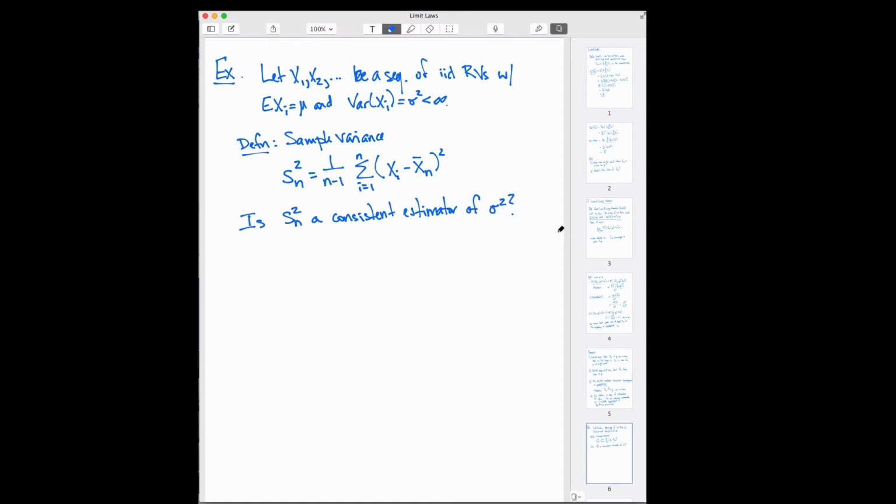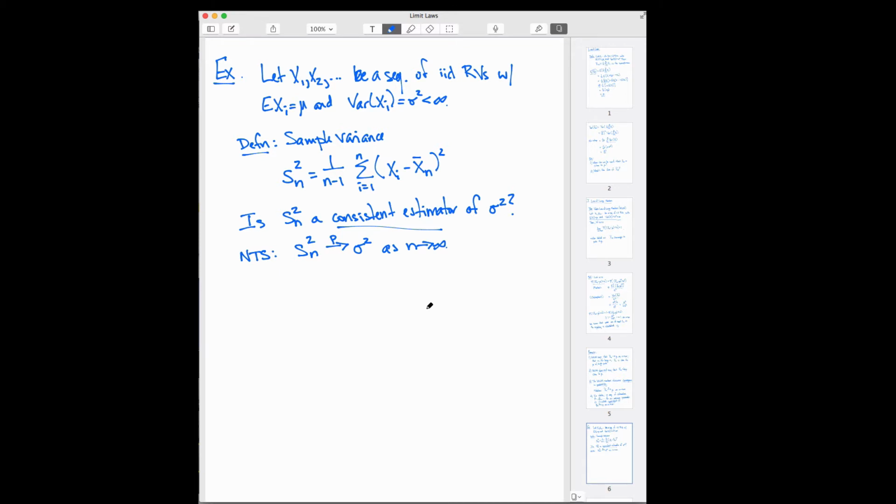And so we know that if this thing is a consistent estimator, then what we're going to need to show is that the sample variance converges in probability to the population variance. So that is, we need to show that sample variance converges in probability to our population variance.